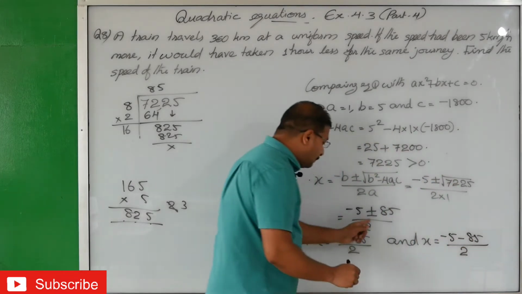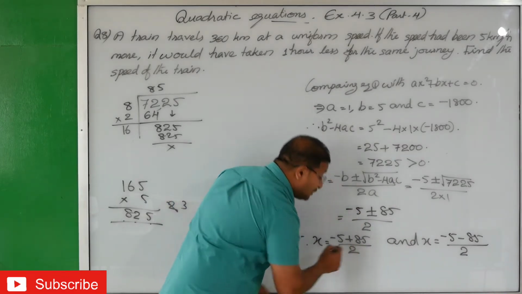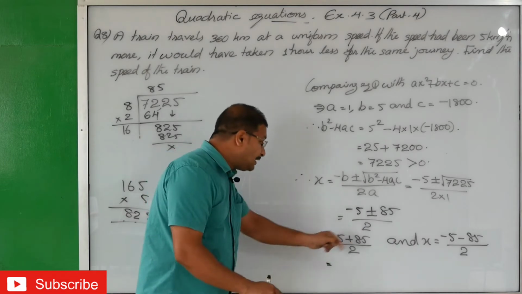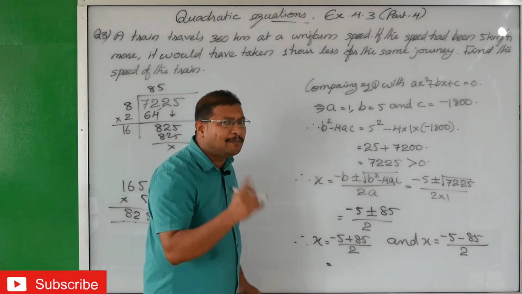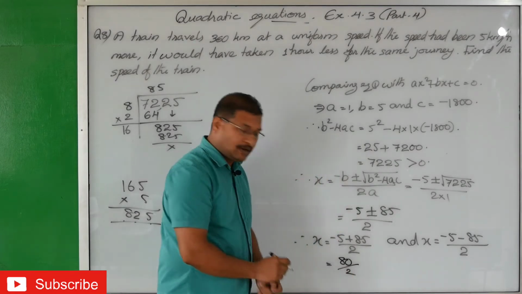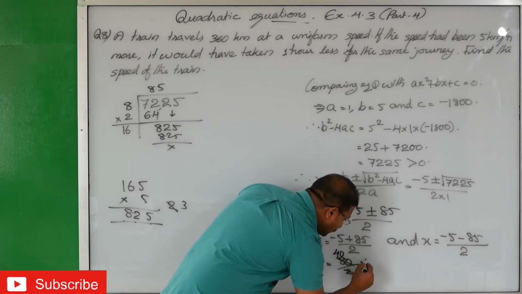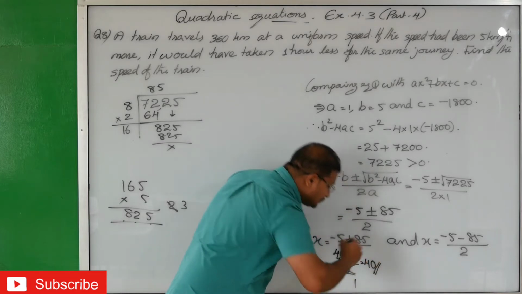What have we done? We are separating plus and minus. For the plus one, 85 minus 5 is 80, so 80 by 2. We'll cancel by 2. 2 ones are 2, 2 fours are 8. That means we'll get 40. So one of the answers is 40.